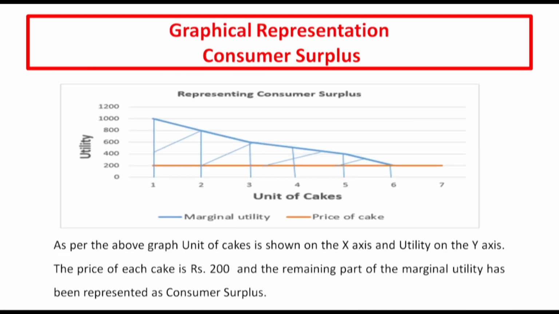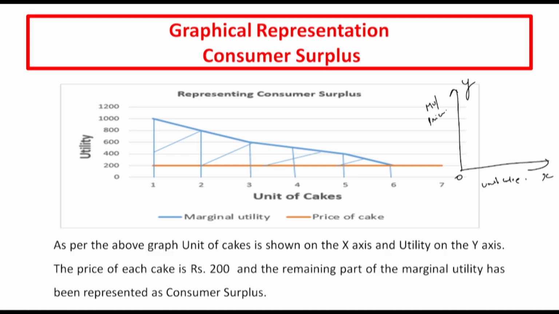Graph. What is consumer surplus as per the graphical representation? You can see the y-axis 0 and the x-axis. On the x-axis, units of cake are there. On the y-axis, marginal utility, or you can say the price you are ready to pay.